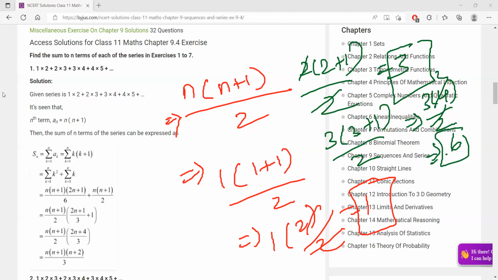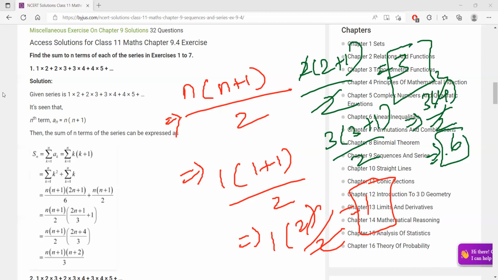One minute. I'm getting 1, 3, 6. When you substitute 1, you got 1. When you substitute 2, 1 plus 2 is 3. See that?